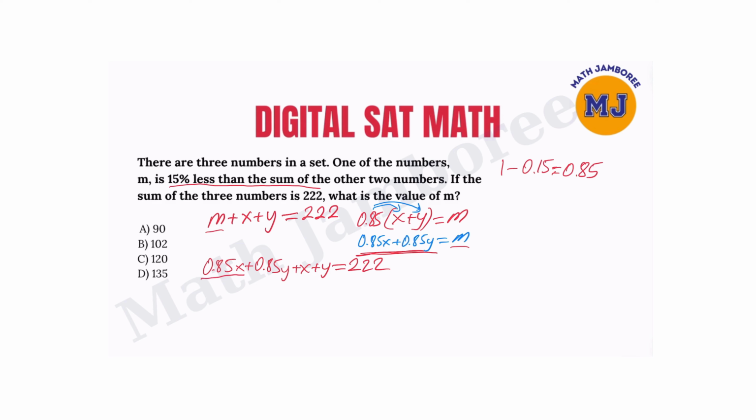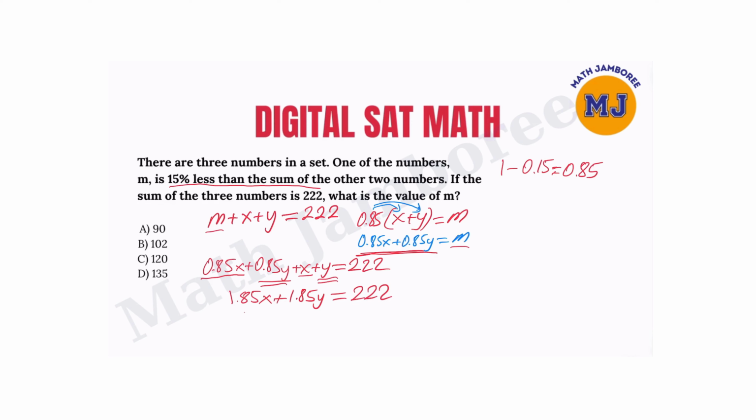So let's underline the like terms. These are double lines. We have x's and we have y's. So 0.85 plus 1 gives you 1.85. 1.85x plus the same thing with the y, 1.85y, gives you 222.